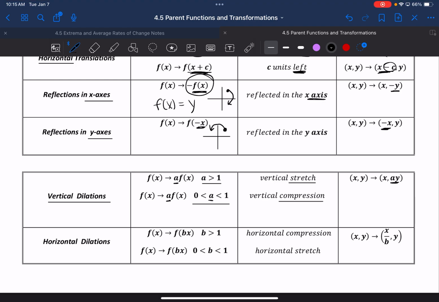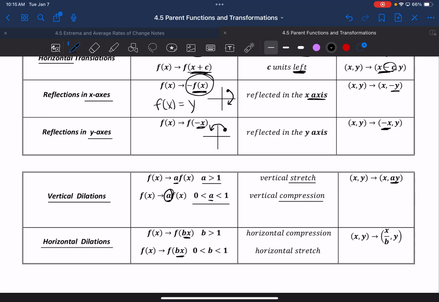So if you guys remember when we were doing our transformations for sine and cosine, we said the a value changes your y, but what we called the b value changed your x, right? And that's what we're going to talk about here next. Horizontal dilations are found in here beside the x, right? So not in front of the whole function, but in there with the x.